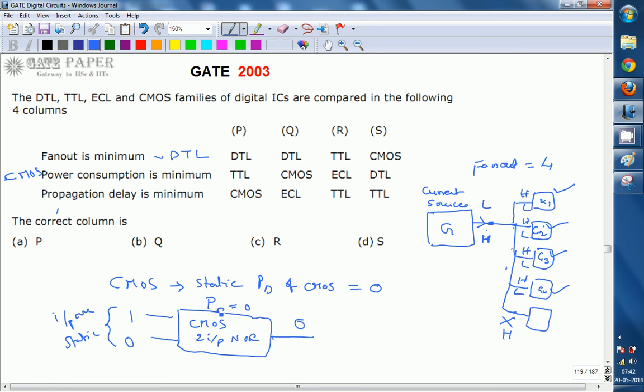If you are not changing the inputs, that is called a static situation. Static means constant, no change. So whenever there is no change in the input combinations, power dissipation by the CMOS gate is 0. Zero power is dissipated under this condition. This is the biggest advantage.